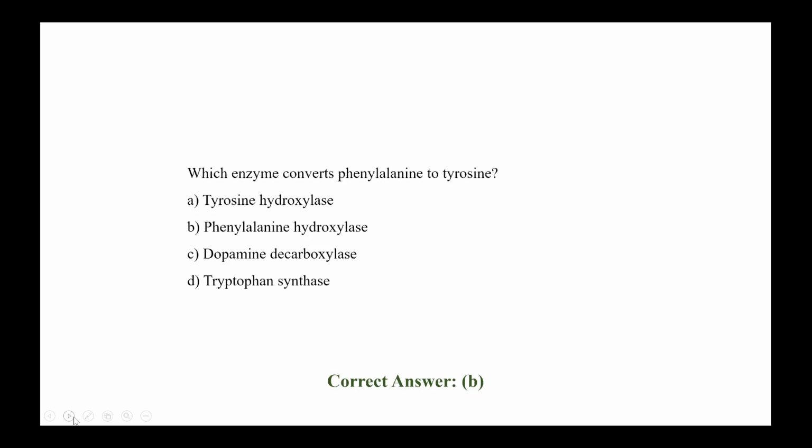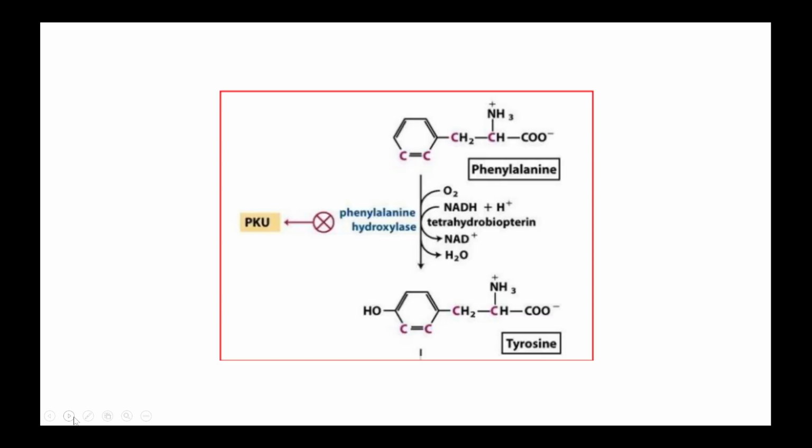So phenylalanine hydroxylase is the enzyme that converts phenylalanine into tyrosine. This is actually the first reaction in the phenylalanine metabolism pathway. First phenylalanine is converted into tyrosine, and then tyrosine is further metabolized in the body. Phenylalanine is hydroxylated at the para position by this enzyme to make tyrosine.